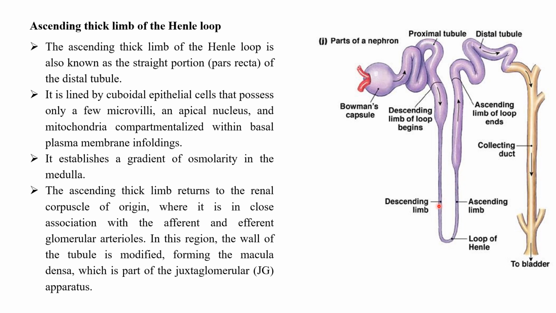It establishes a gradient of osmolarity in the medulla. The ascending thick limb returns to the renal corpuscle of origin, where it is in close association with the afferent and efferent glomerular arterioles. In this region, the wall of the tubule is modified, forming the macula densa, which is a part of the juxtaglomerular apparatus.